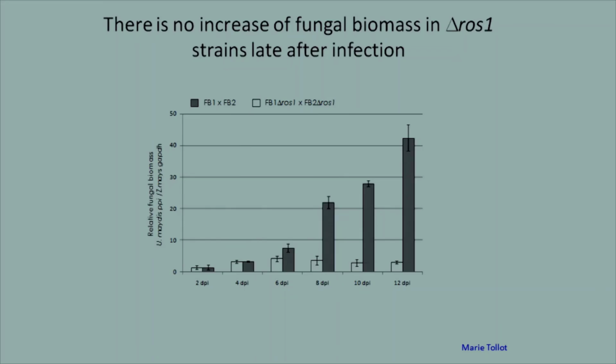Presumably associated with this is that fungal biomass does not really accumulate in the mutant. So in the wild type, there's a massive proliferation, which we can now link to the diploid hyphae, and this is basically absent in the ROS1 mutant.